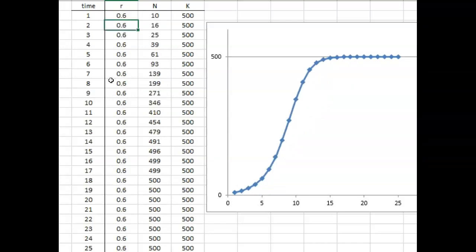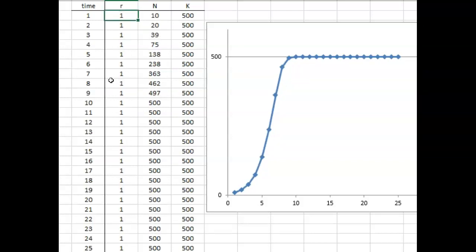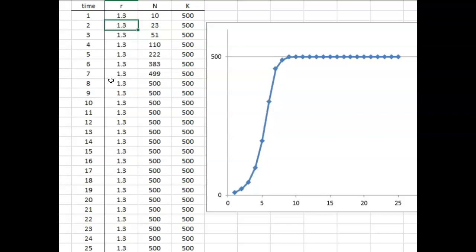So it gets up to carrying capacity sooner with a higher growth rate. We go up to 0.8, it gets up there even faster. We go to 0.9, even faster. We go up to 1, even faster. If we go to 1.3, even faster.